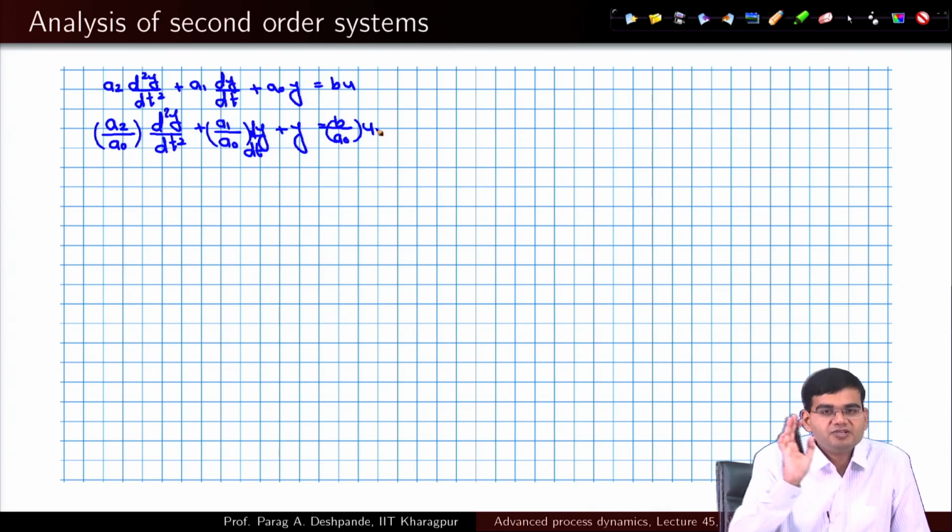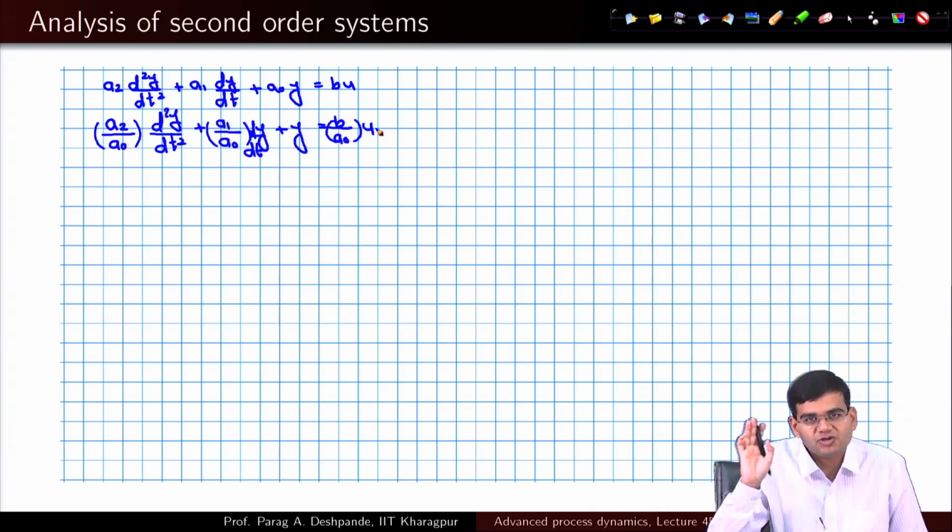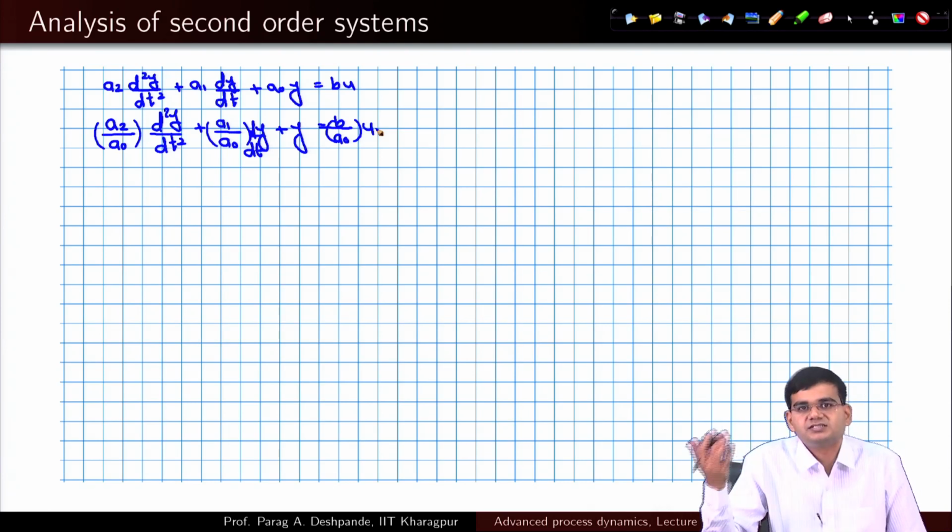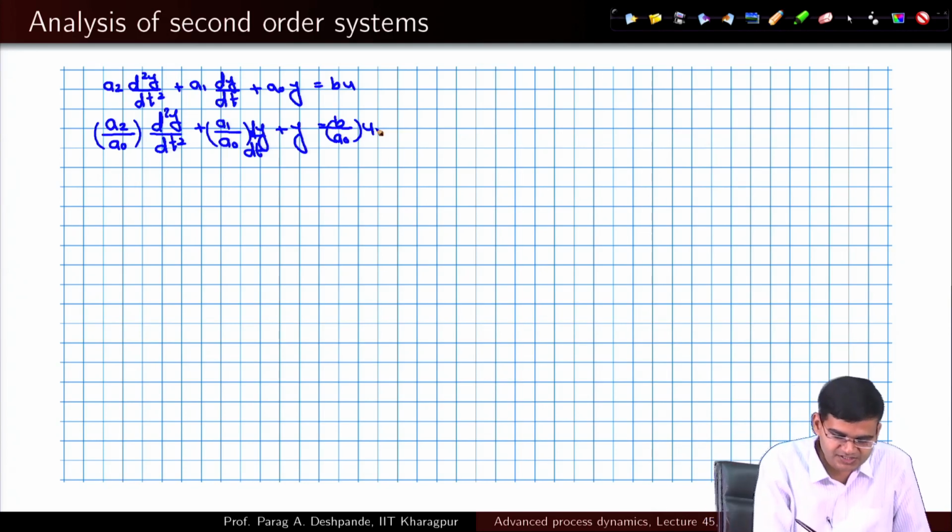For this particular case, as I had assigned a1 by a0 as time constant tau and b by a0 as static gain k, in this system I assign a2 by a0 as tau squared, which basically means the natural frequency of oscillations in the system.